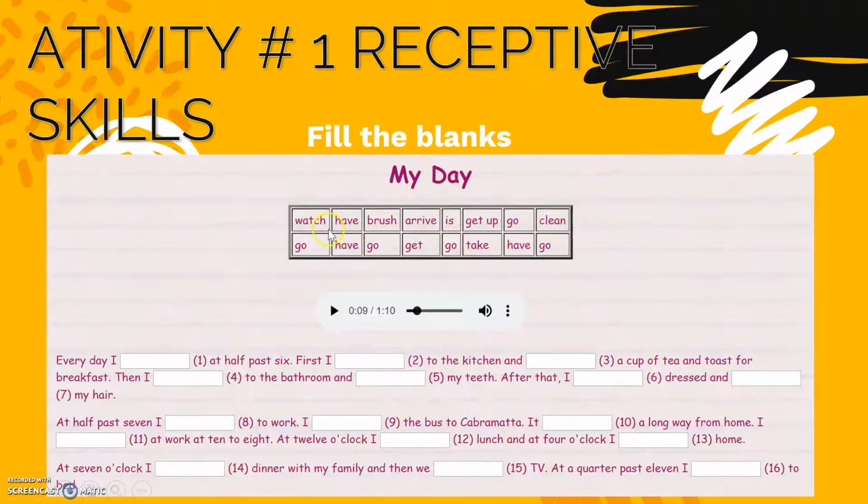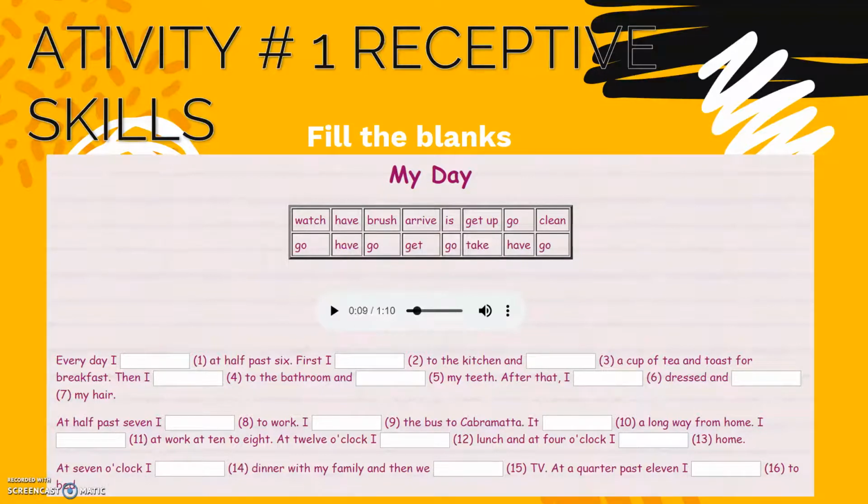So they have to fill the blanks with the missing words. But we are also going to use an audio to read this, to make them listen to the story, and this is how they are practicing their writing and listening skills at the same time.